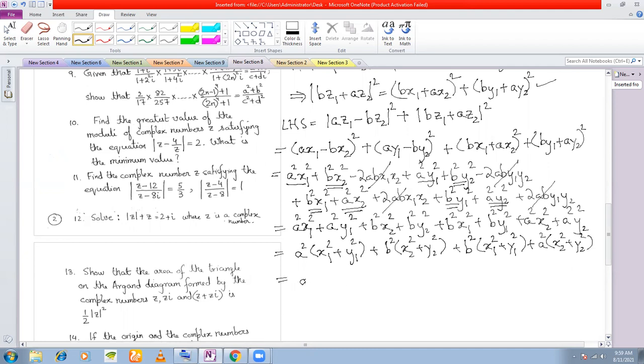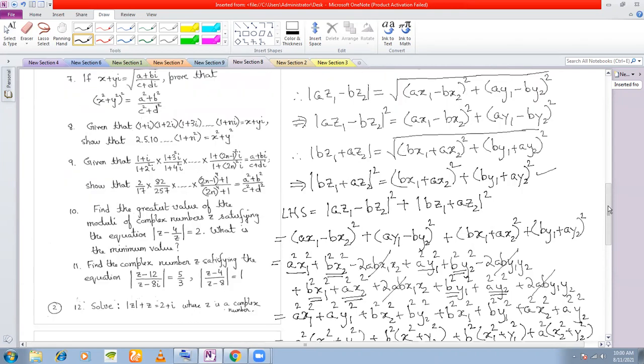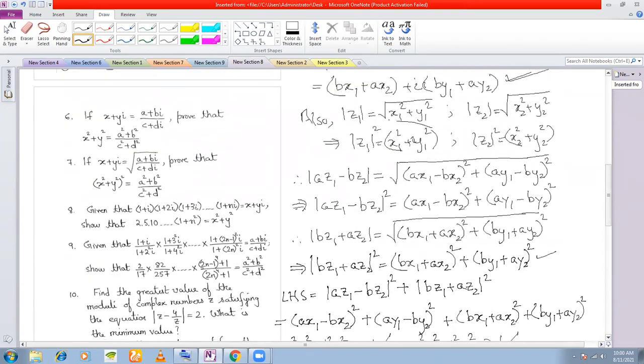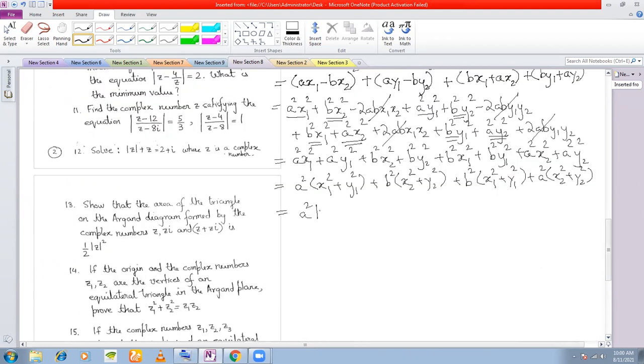Now, what is x1 square plus y1 square? If you see here, x1 square plus y1 square was mod z1 square. So put the value here, a square mod z1 square. Similarly, x2 square plus y2 square was mod z2 square, so b square mod z2 square, plus b square mod z1 square, plus a square mod z2 square.